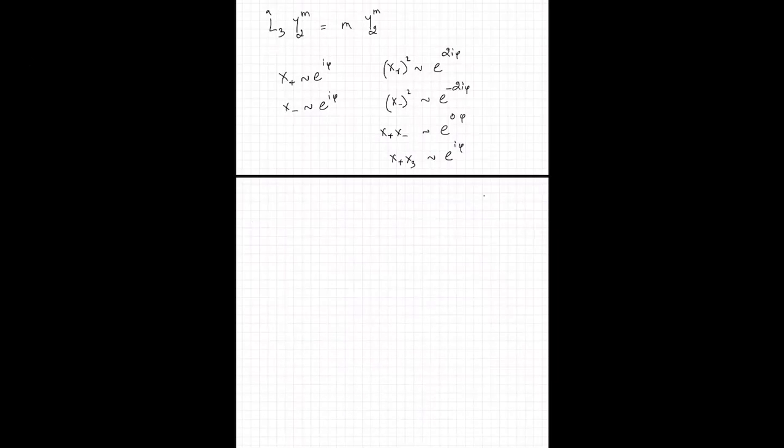So in general, this m, which is the eigenvalue of the d/d phi operator, is going to be, let us erase all these things. So this m is going to be the number of factors of x plus in a specific term minus the number of factors of x minus in that term.